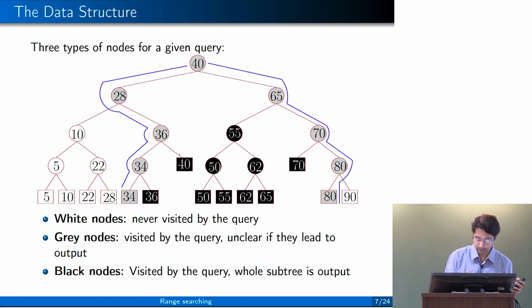For example, this is the interval associated with 36. What is my query? Query is 34 to 80.